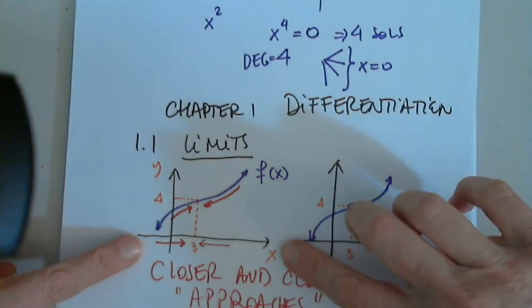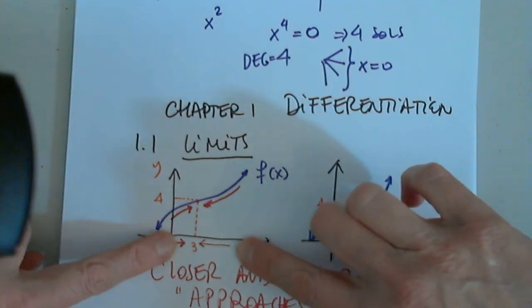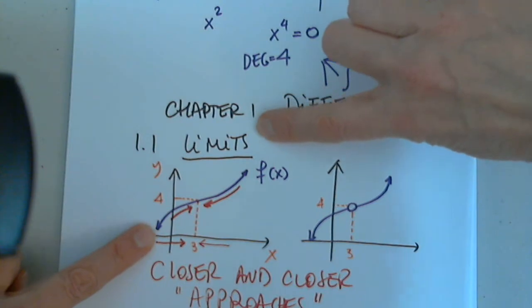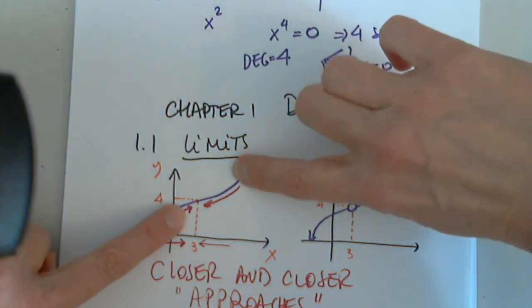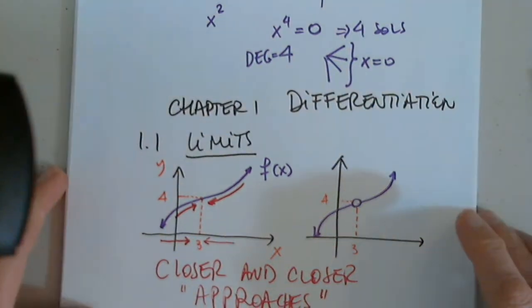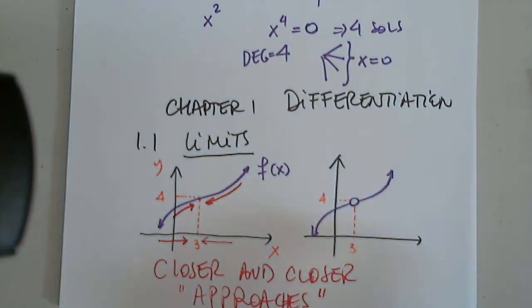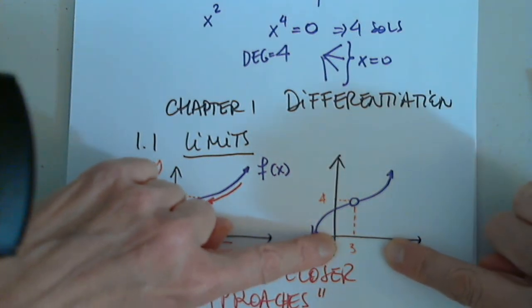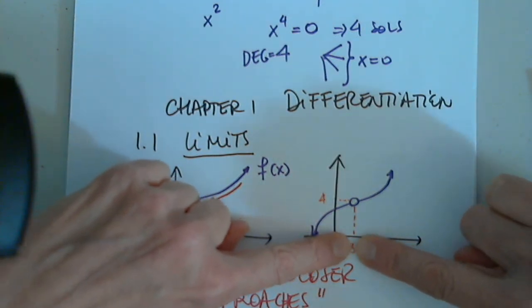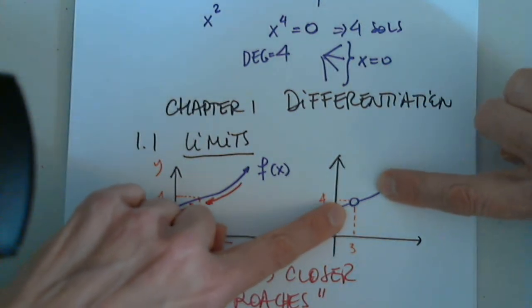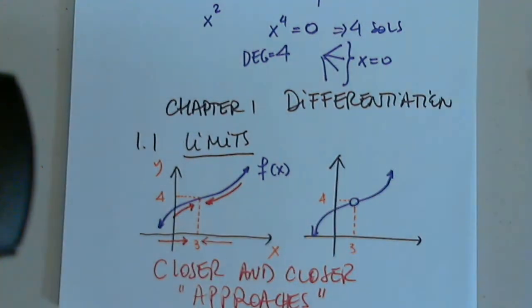So as x approaches 3 from either side, can I say that the function values approach 4 from either side? Yes. Perfect. Can I say that as x approaches 3 from either side, the function values approach 4 from either side?